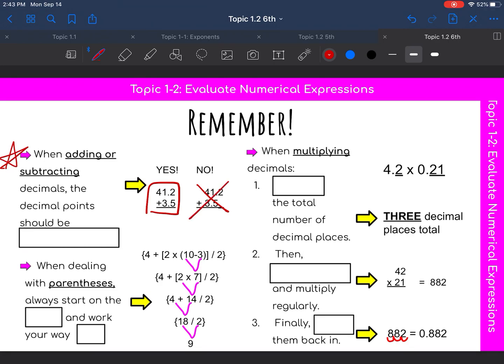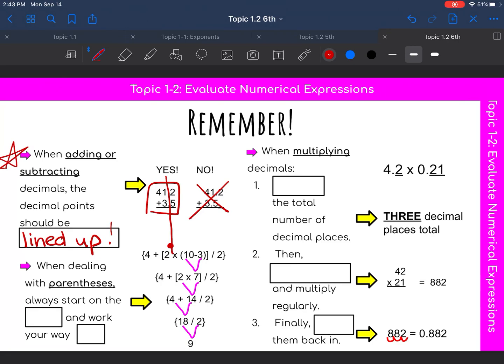No, this is not what we want to do. The decimal point should always be lined up. We want those decimals lined up so I can draw a line straight through those and just add, and then drop that decimal straight down at the bottom. So make sure when you're adding or subtracting, they're lined up.